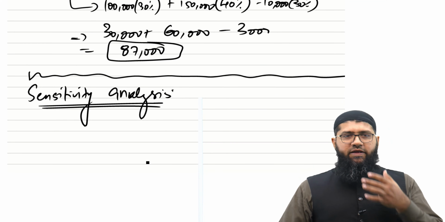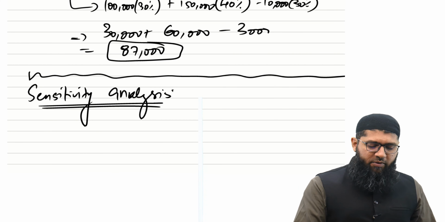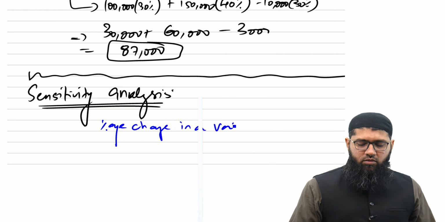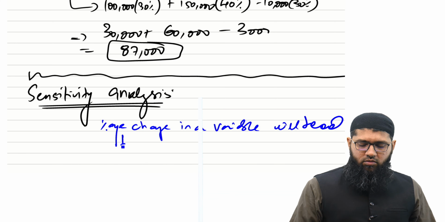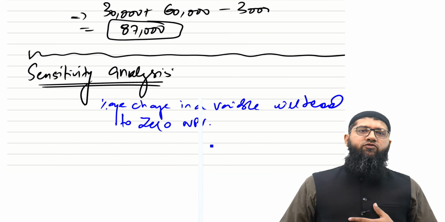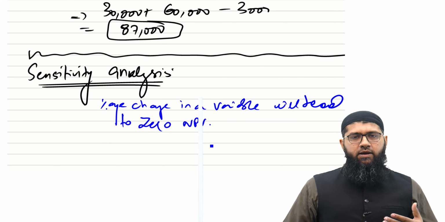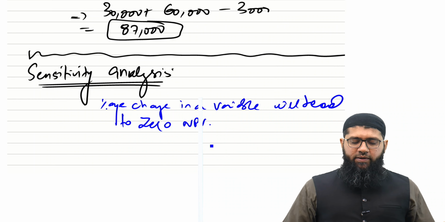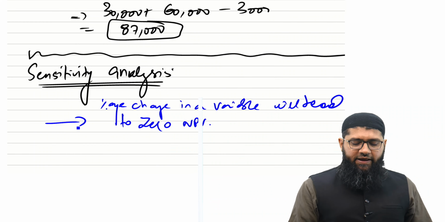The concept of sensitivity is basically how much percentage change in a variable is going to be required to lead to zero NPV. That's going to be considered as sensitivity analysis.